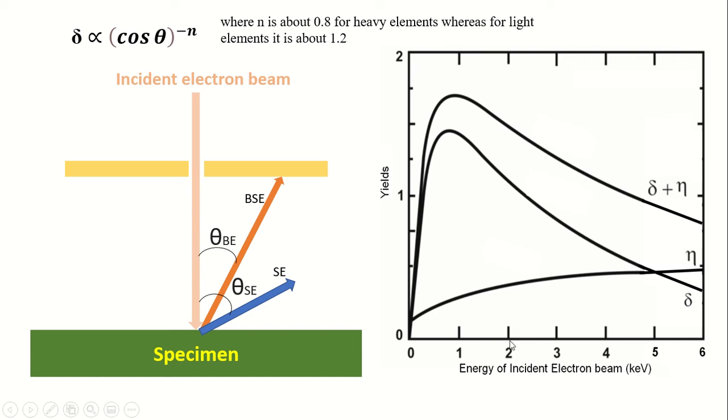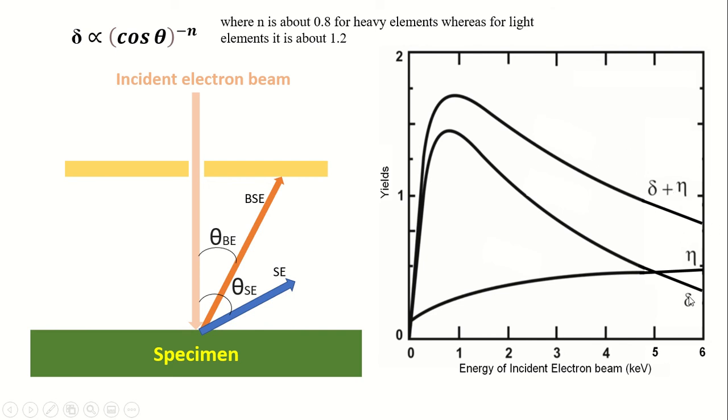So if we take the window above that, we will have a lesser yield. Here delta represents the yield of the secondary electrons, and this is the yield of the backscattered electrons.